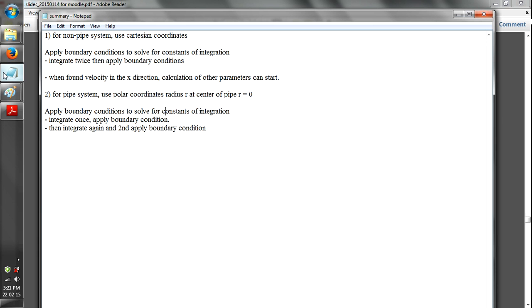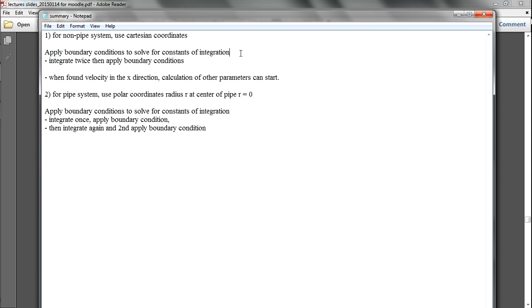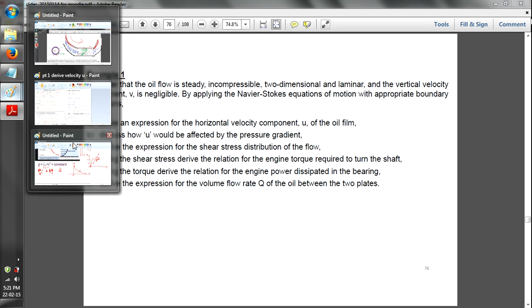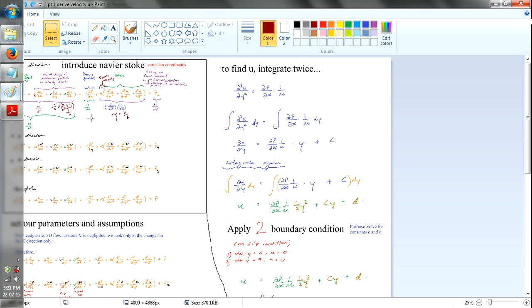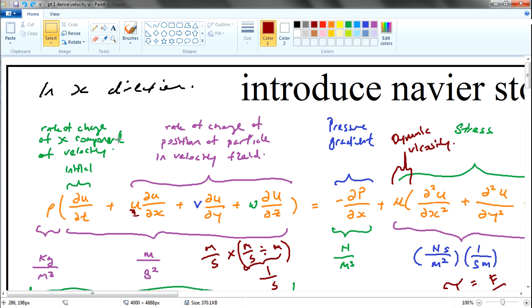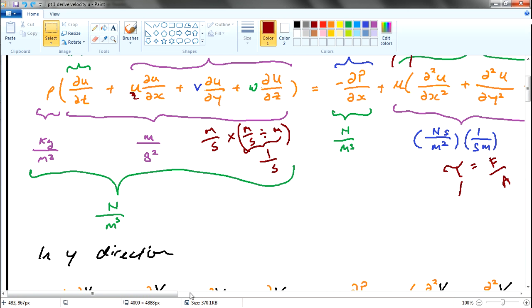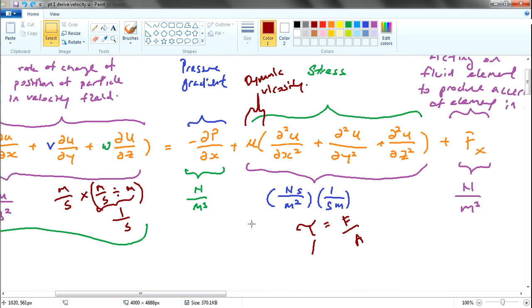In order to derive this, we have to apply boundary conditions to solve for the constants of integration, because you have to integrate the Navier-Stokes equation. As you can see, the highest order is second order, so you have to integrate twice.